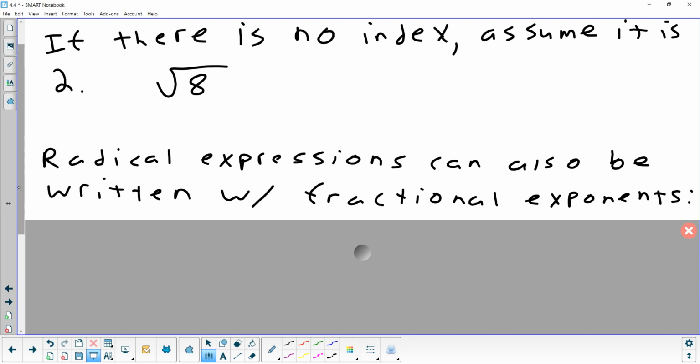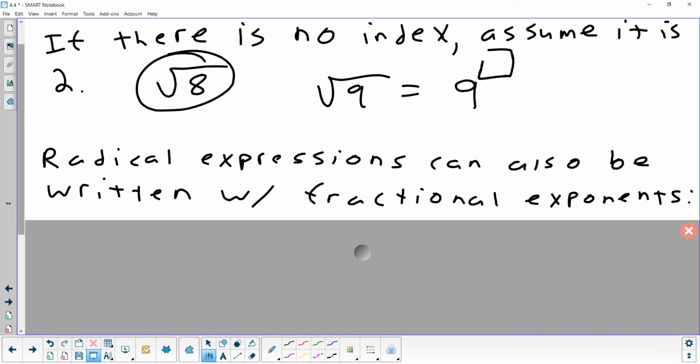Now, radical expressions like this can also be written without a radical sign. There is a way that you can use an exponent to represent a root. Does anybody have a guess what exponent would represent a square root? Instead of writing this, I could write this, and I'm looking for what power you could put right there that would mean the same thing.